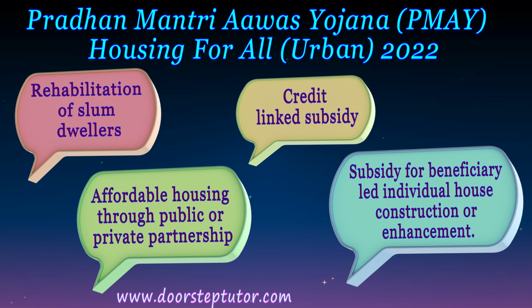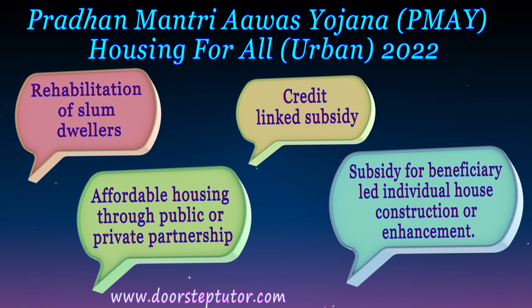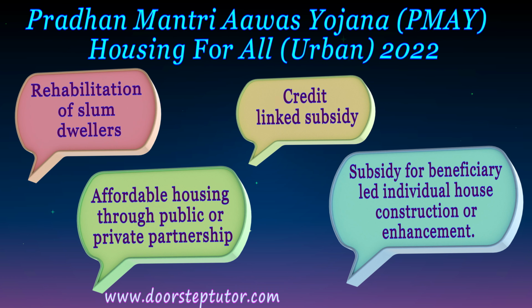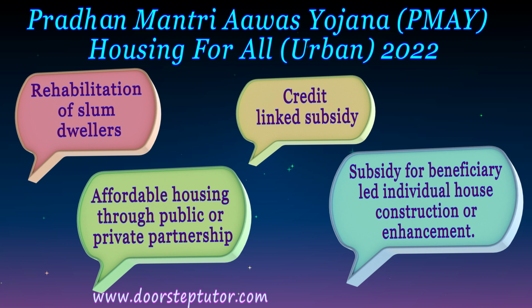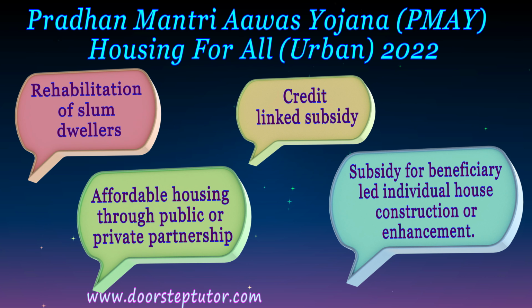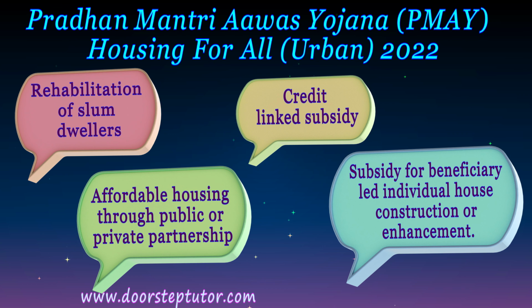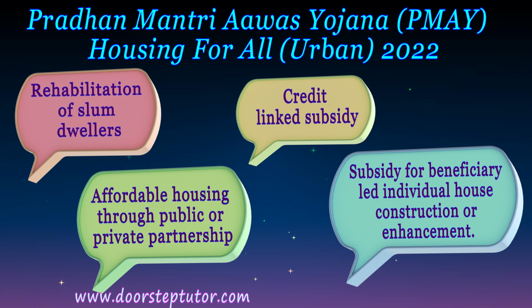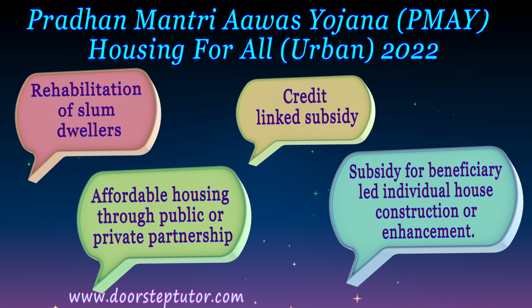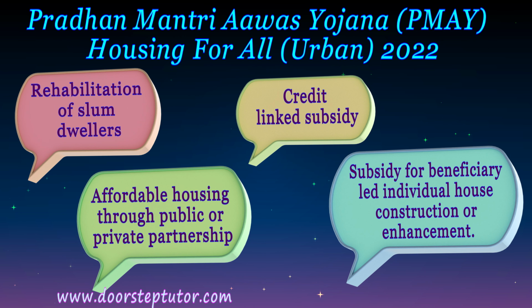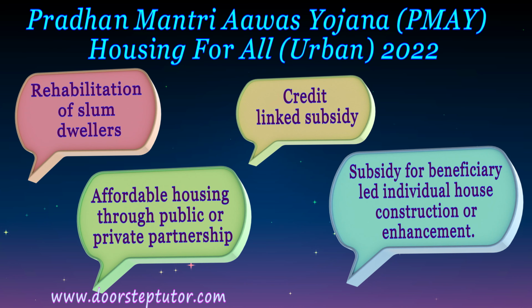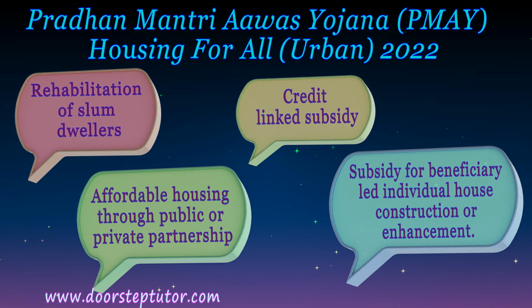In some cases, individuals are provided subsidies for constructing their houses, or sometimes they are allotted a piece of land, and then if they take a loan for construction of house there, they get a credit link subsidy, etc. So these are 4 components through which the government is aiming to ensure that everyone has house by 2022 in urban areas, and this will in turn lead to reduction in the number of slums.